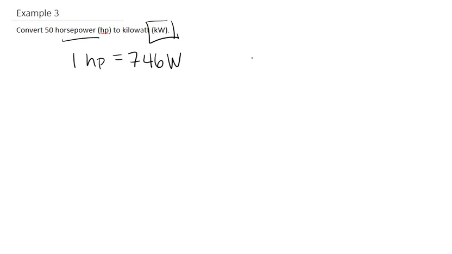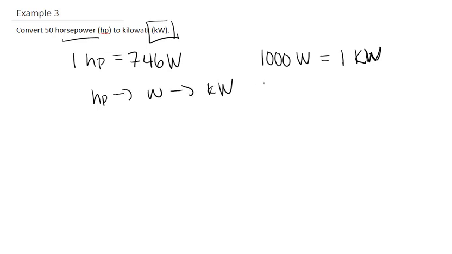So we know 1,000 watts is equal to 1 kilowatt. So we're going to be using these two conversion factors. So first we go from horsepower to watts, then to kilowatts.